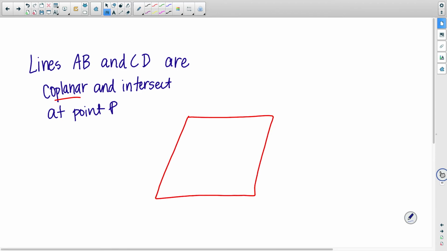Just some kind of square. I usually slant it. And this doesn't give me the name of a plane, so this doesn't have a letter in the corner. But it says line AB. If you're drawing a line, make sure you put arrows on both ends. And CD. So we know that they're in the same plane, are coplanar, and they intersect at P.